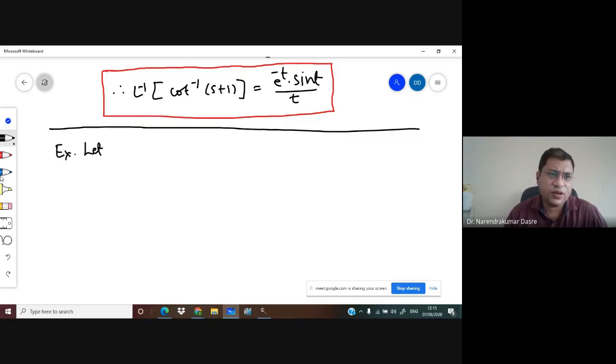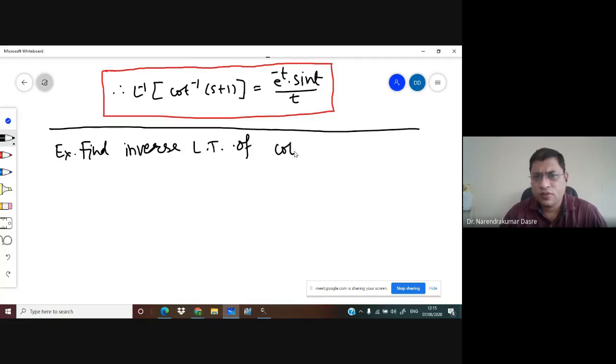Let us find the inverse Laplace transform of cot inverse of 1 by s. So we go with the solution.